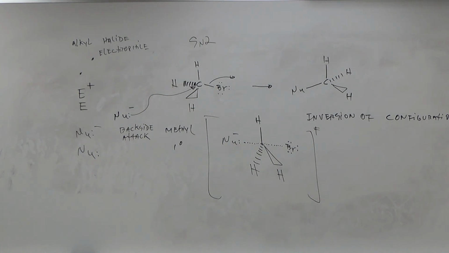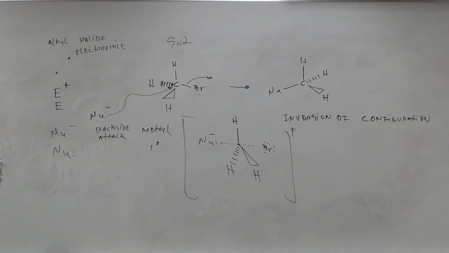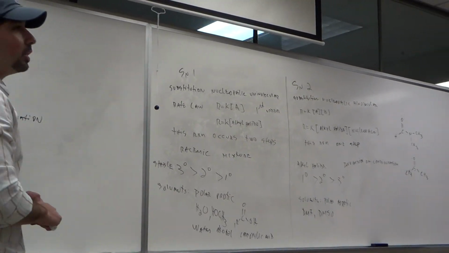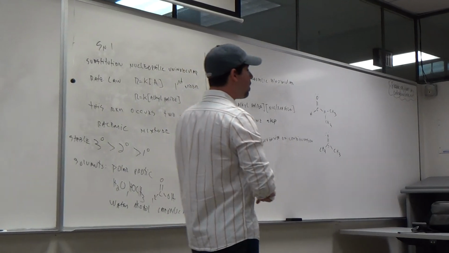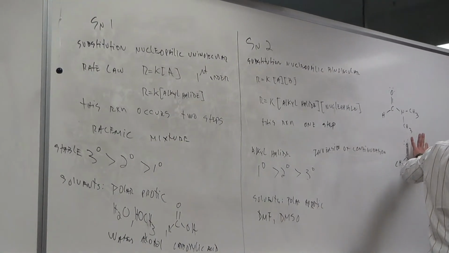These are polar, yes? They are polar. And they do not have a proton to give. What are they very good at? They're very good at stabilizing positive charges, and not very good at stabilizing negative charges.